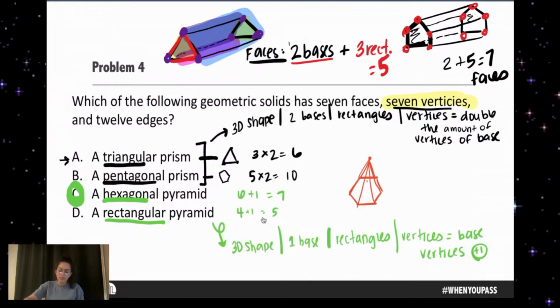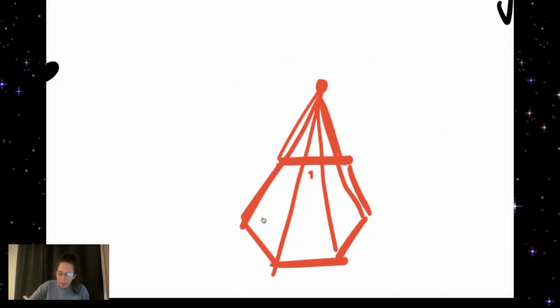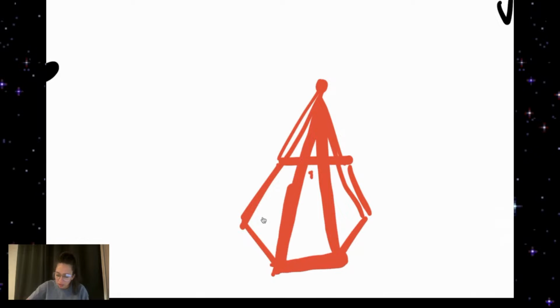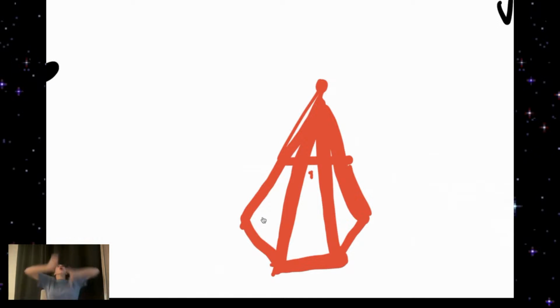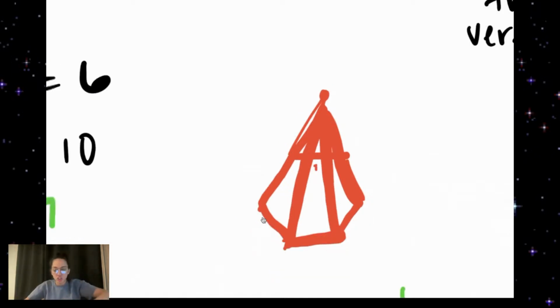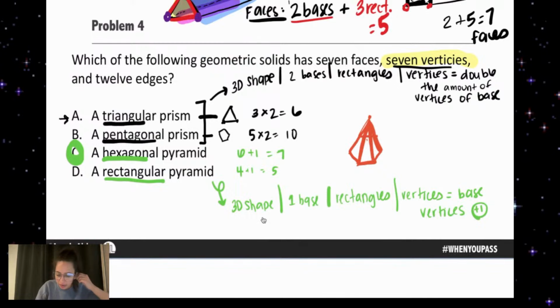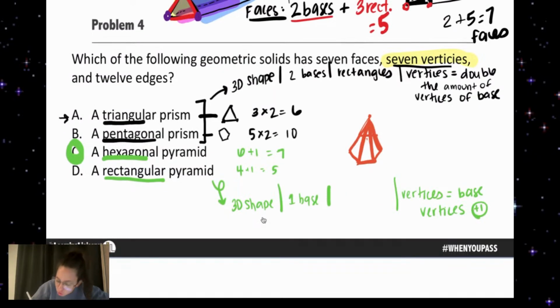And you notice that I have my base, and then there's triangles reaching up, connecting all of the base all the way up. And I just realized that I said rectangles, but we don't have rectangles. We have triangles connecting them. We have triangles connecting all the way up.